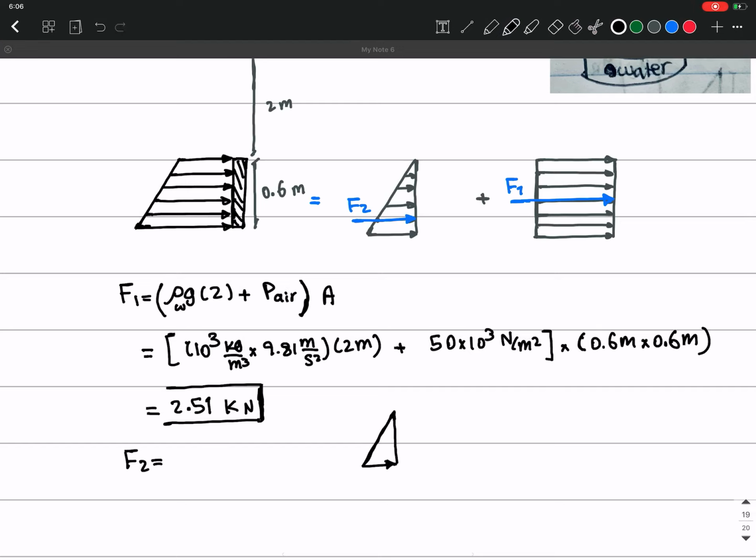Here we have rho g times 0.6 meter, right?